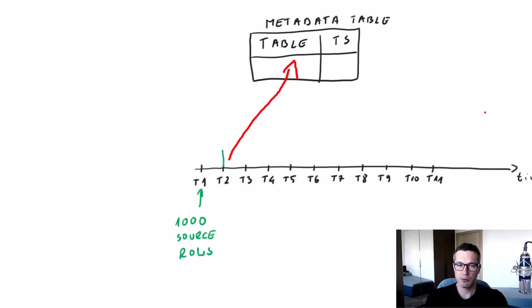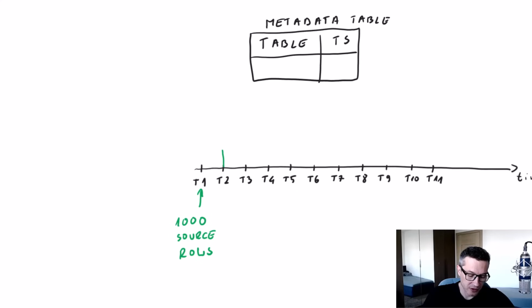Because that's the first time we are running the process, the metadata table is empty, so it doesn't find anything. It will effectively read all source rows from our bronze table. And don't worry, I will explain how this comparison works in a second. Let's just move on with the example.